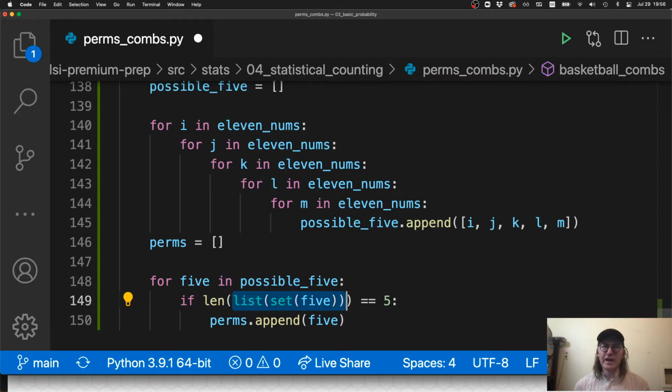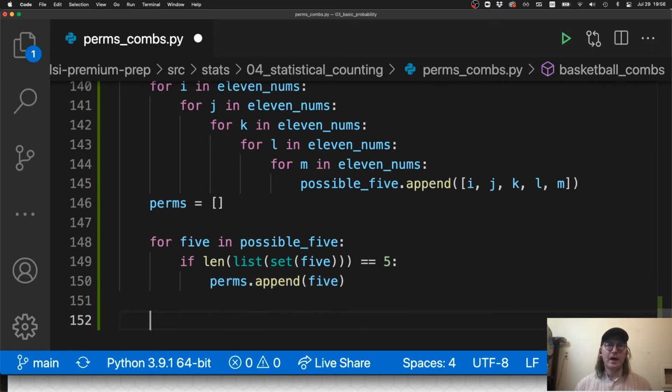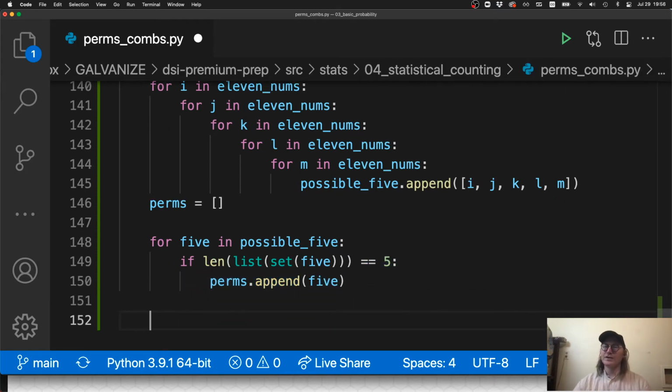I don't actually need to cast it to a list here, I could leave that out, but I want to get the list set trick in your head. The length of this, if it's not 5, then there was a duplicate. So it's just a little trick to qualify that, and I think that leads to a little bit of elegant code. It's kind of nice. In that case, if we still have 5, then we have all our permutations.